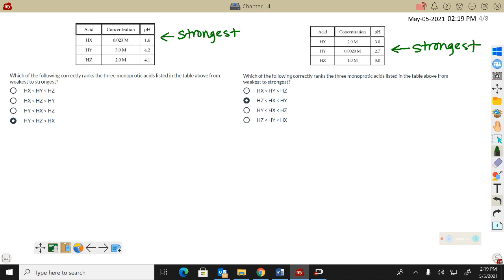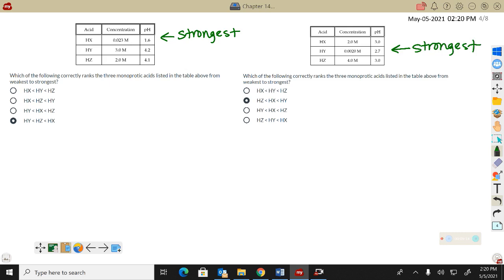From there, I've got two solutions that are obviously less acidic, a pH of 3 or a pH of about 4. And so they have about the same amount of hydrogen, like a 4.1, a 4.2. Or in the second example, both have a pH of 3.